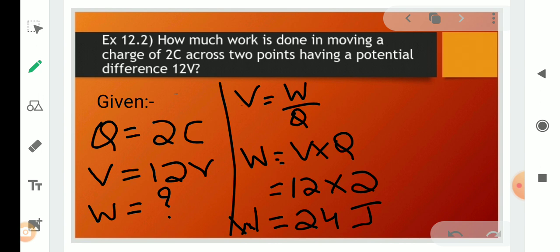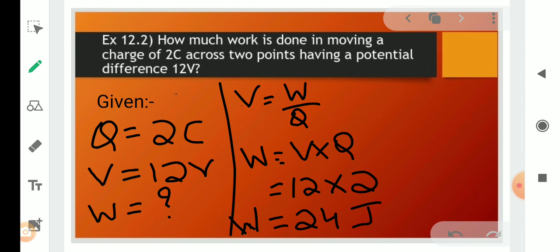The formula is V is equal to W divided by Q, where W is the work done and Q is the charge. Next, the SI unit of potential difference, or SI unit of voltage, is joule per coulomb, which is also called volt, named after Alexander Volta.